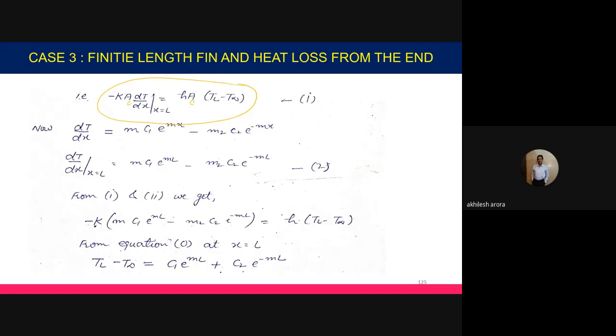And we can also differentiate this particular equation to calculate the value of dT by dx at x is equal to L. The basic equation was theta is equal to T minus T infinity, which is equal to C1 e raised to power mx minus C2 e raised to power minus mx. So when we differentiate it, we get this particular equation.